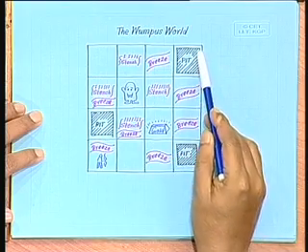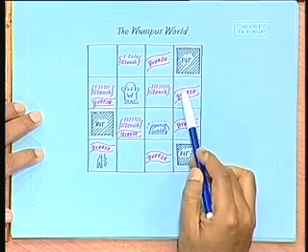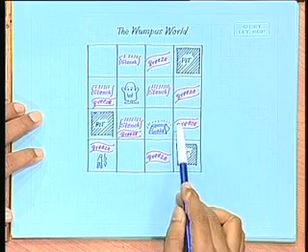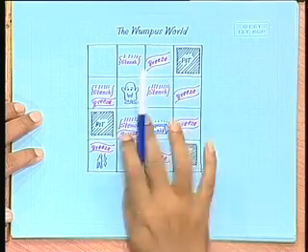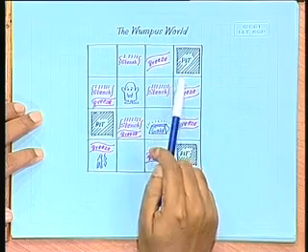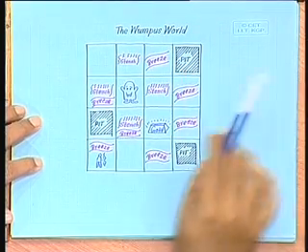So, for example, we have a pit here. You can sense some breeze here and some breeze here, right. Diagonally adjacent ones are not adjacent. By adjacent we just mean the ones which share a common wall with the other chamber.